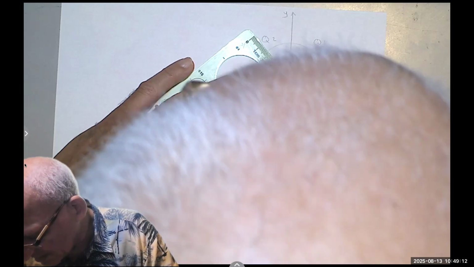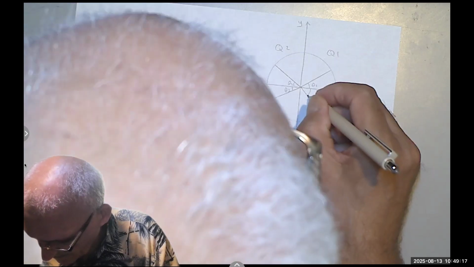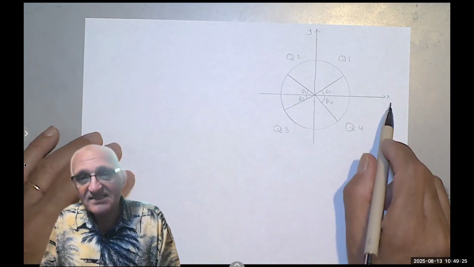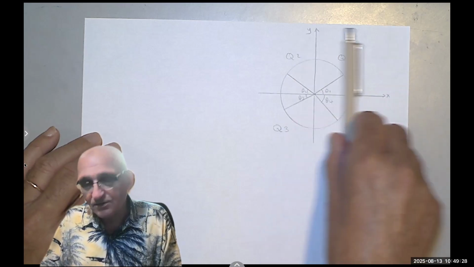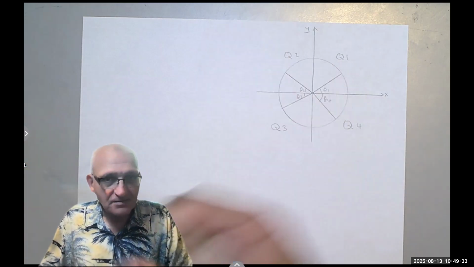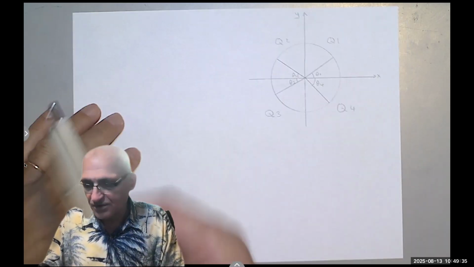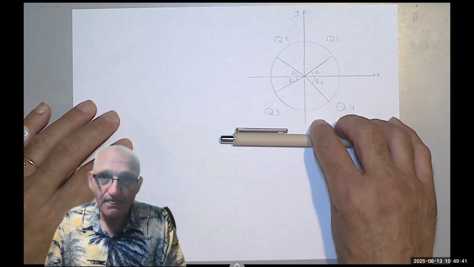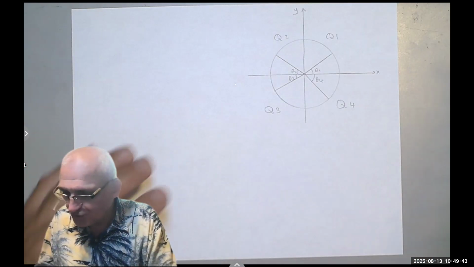And in the fourth quadrant, let's make it bigger, because really we are not worried about the measurements. What you need to know is that the x is positive to the right of the y-axis and negative to its left. Of course, you know that. I'm just reiterating stuff that you already know. And the y is positive above the x-axis and negative below it. Okay? Now, if I want to draw a right triangle, I will complete that as a right triangle.